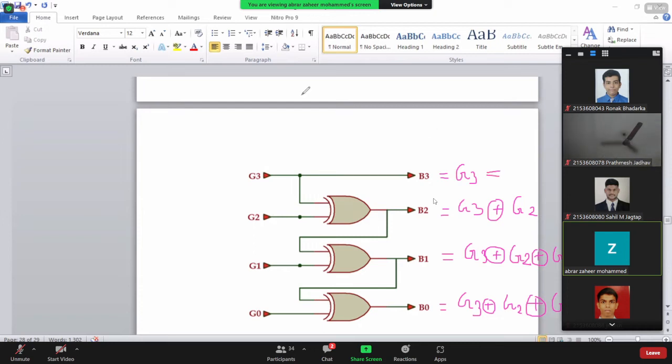So if the gray code is 0, 1, 1, 1, find out the binary code for this.